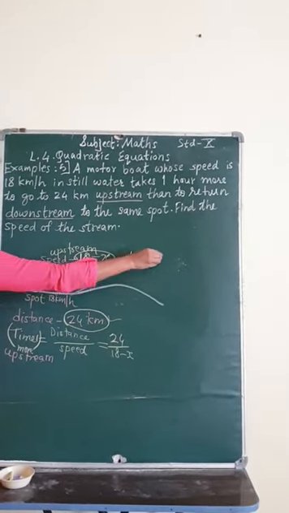And then definitely the time to reach the same spot will be less than the time taken going upstream. So we have time 2, which is less time, coming downstream, and we express it as distance upon speed, 24 upon 18 plus x.